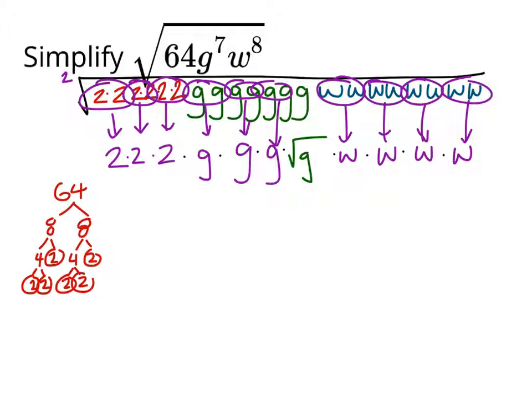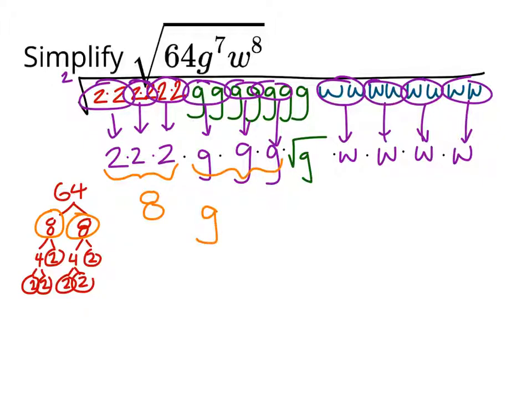Now I can simplify this right now, some of it at least, by taking 2 times 2 times 2, which is 8. And some of you saw that the square root of 64 is 8, and we've seen that right here. Some of you saw it right here where we were given a pair of 8's as well, and that would work too. But then I've got a bunch of g's right there.